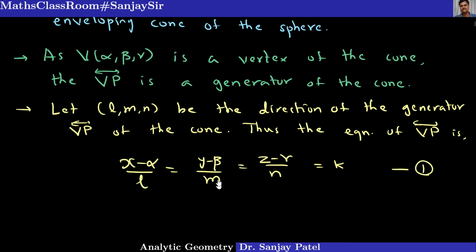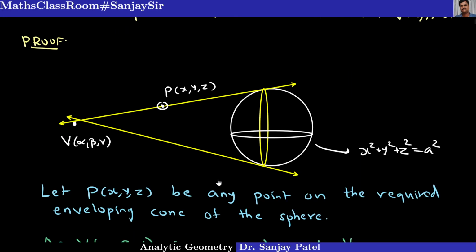Remember, what we have done so far is we have taken an arbitrary point P on this enveloping cone which is required. Then since this generator passing through P is also passing through the vertex, I am assuming the direction of this generator line, which is variable, as l, m, n, and therefore I can write down the equation of this. Now we know that every generator of this enveloping cone must touch this sphere at some point.